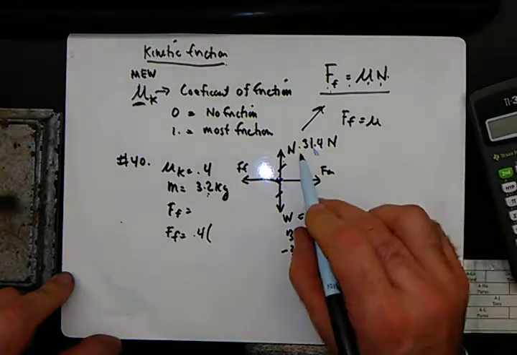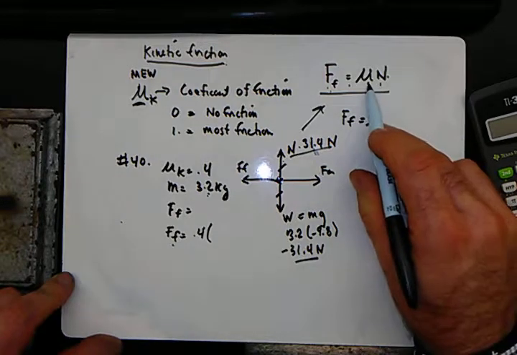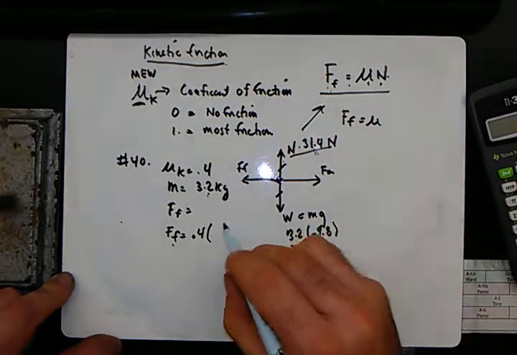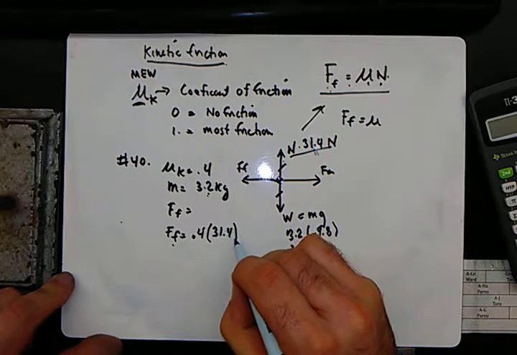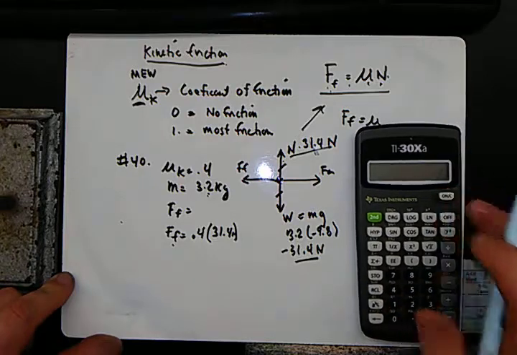So we found what the normal force is, and we know that the force of friction is the coefficient of friction times the normal force, 0.4 times 31.4 newtons. Let's figure that out.